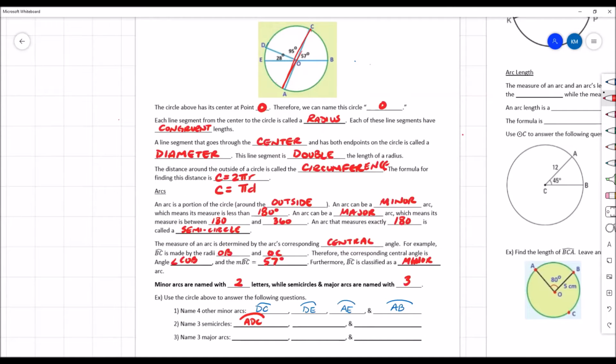The reason we use 3 is it tells us we're going from A to D to C. Arc ABC, it goes from A to B to C. And then finally, for this answer at least, we can name another arc, ECB. Again, we have some confidence in these being semicircles because we have a diameter.